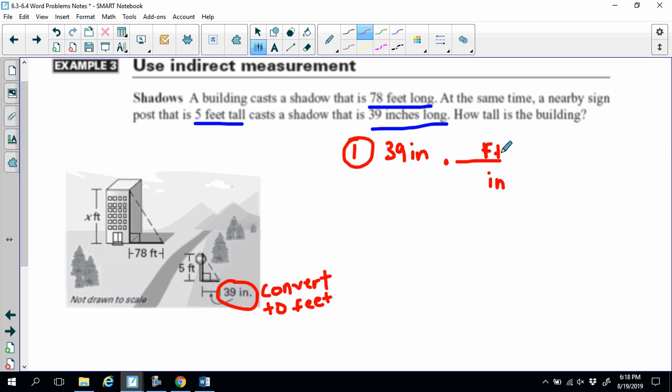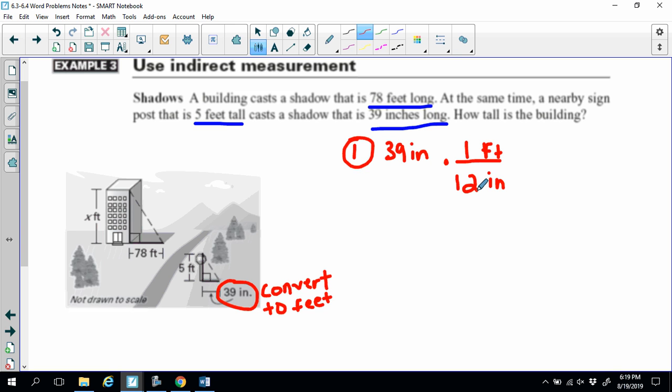The reason we're doing this is so we can cancel out the inches, and all we're left with is the feet. Now let's say we have 1 foot. What you have to decide is, well, how many inches are in a foot? In this case, well, in any case, there's 12 inches in 1 foot.